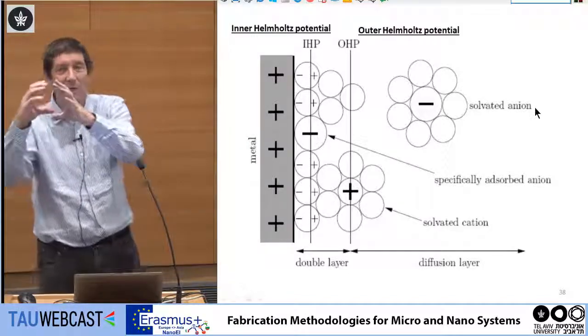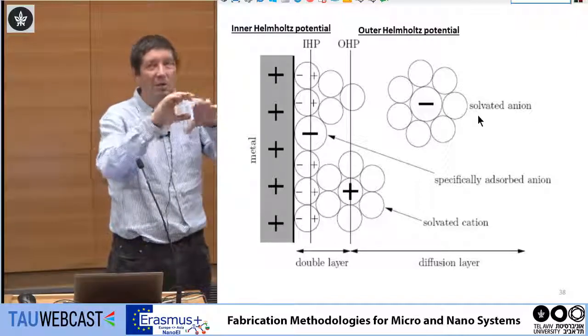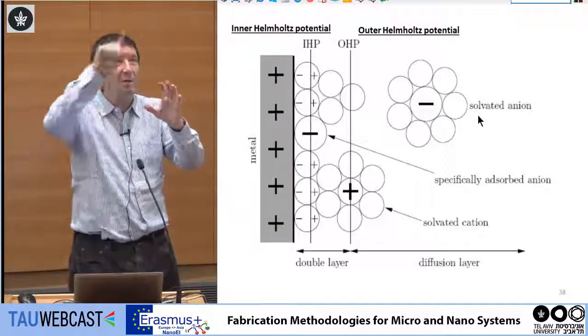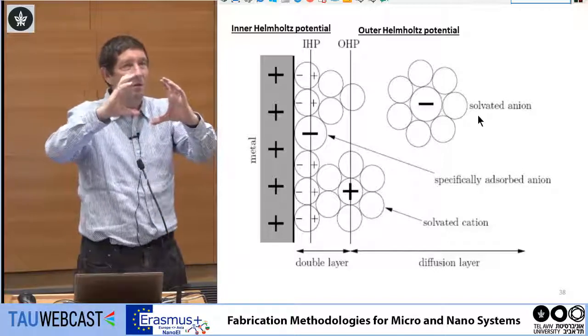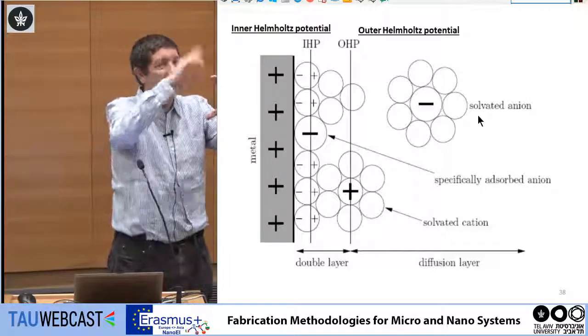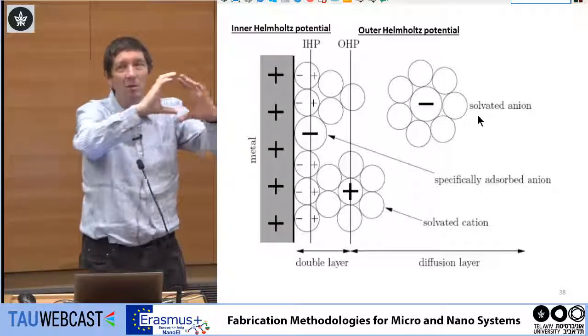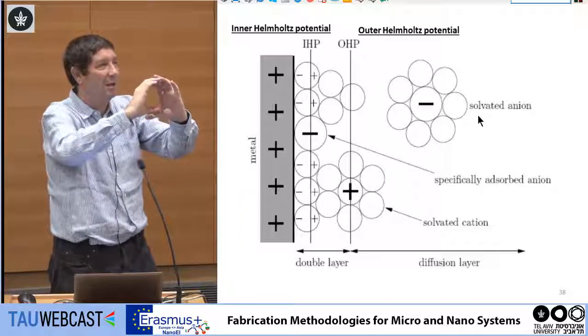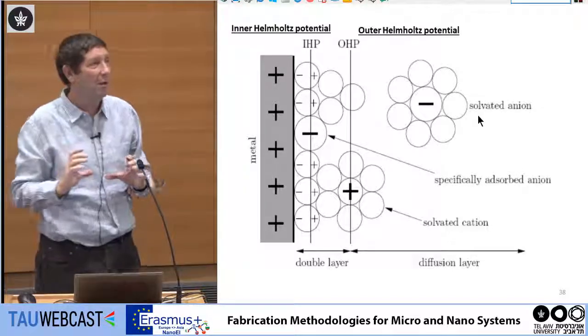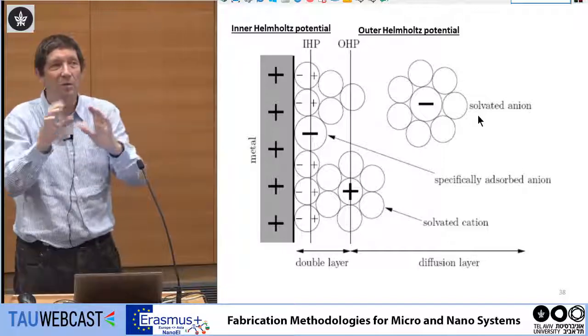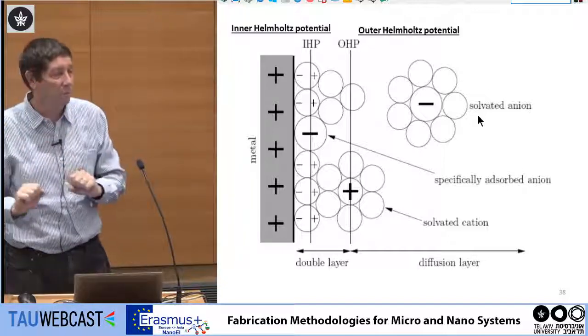When the ion is traveling in the solution, it's not just traveling by itself. Around the ion there's always some charge from the solution, so the total charge will be zero. So the ion is not moving as a single ion, but as a solvated ion, which means when the ion moves, the charge around it moves also.